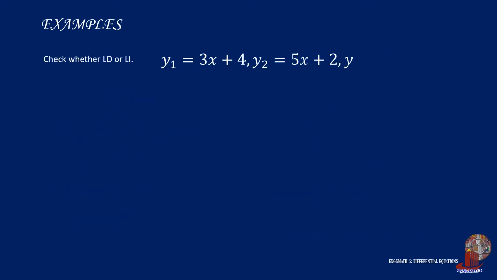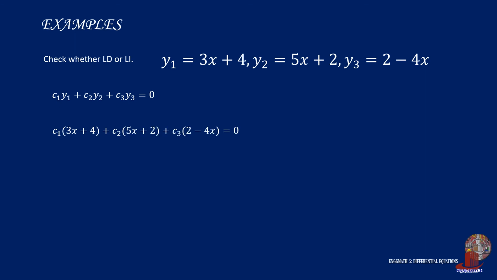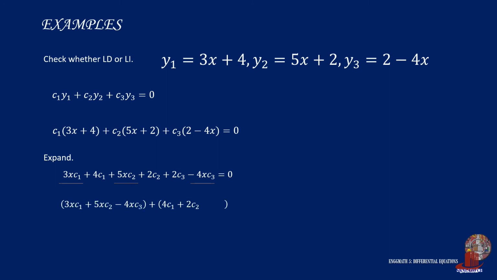How about for longer functions, such as what we have in this next example? Again, plug the functions into the equation to incorporate the constants C1, C2, and C3. Then expand the binomials. Regroup the terms according to variables, so take all with x in one group and the other with constants remain in one group.